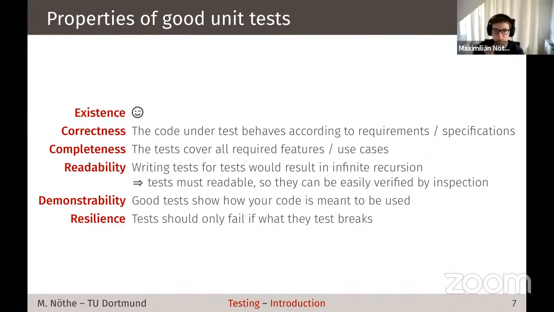So they also simultaneously function as documentation, because you write unit tests for the use cases of your software, which then demonstrate to your users how the software is intended to be used. And especially for scientific code, it's sometimes hard to fulfill the last claim here, the resilience, because, for example, we work a lot with Monte Carlo simulations that use random numbers.